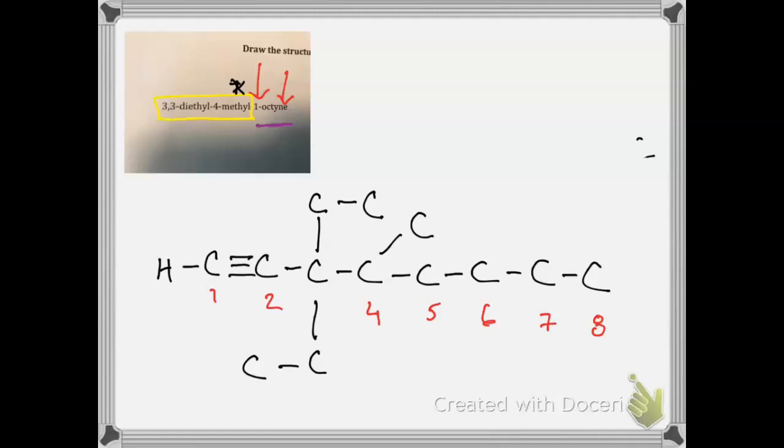Carbon 3, I erased the number, is bonded 4 times. The ethyl group carbons, however, are only bonded twice, so we're going to put in 2 hydrogens for that one, and the terminal one is going to get 3 hydrogens. Same goes for this up here. And so anywhere there's just a C at the end of the chain, I'll just automatically put 3 hydrogens in there.